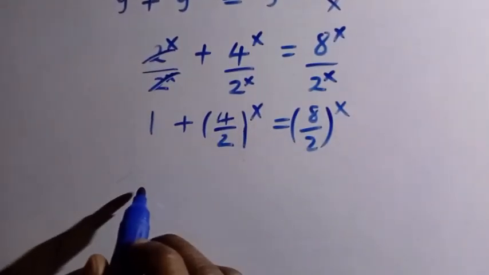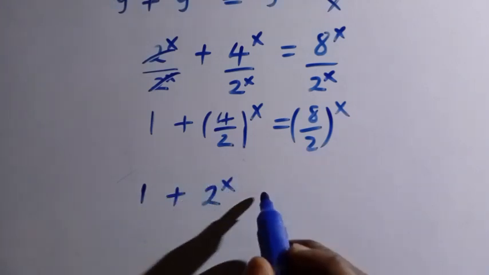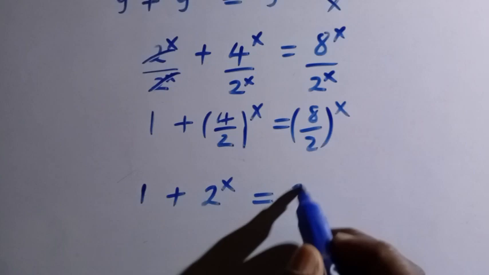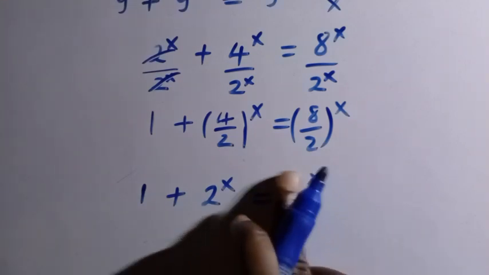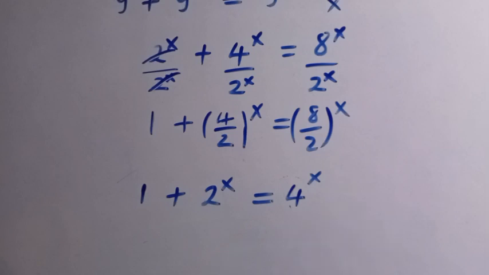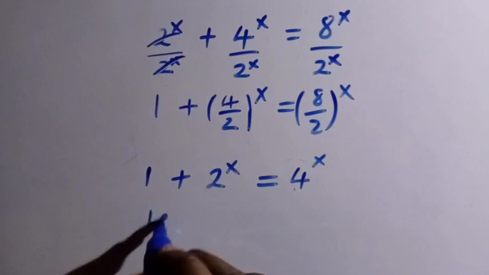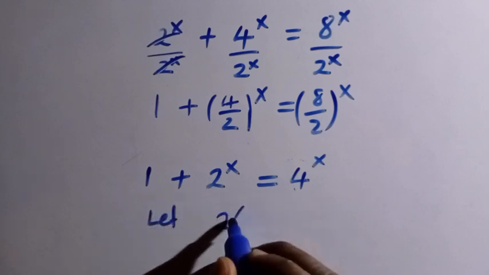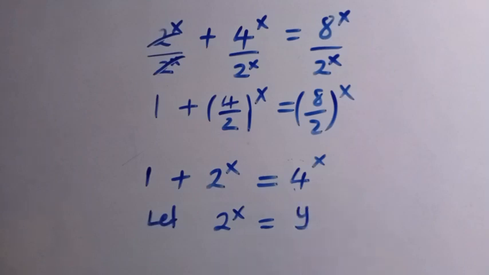In the next step, we have 1 plus 2 power x equals 4 power of x. Then we can now let 2 power x equal y.